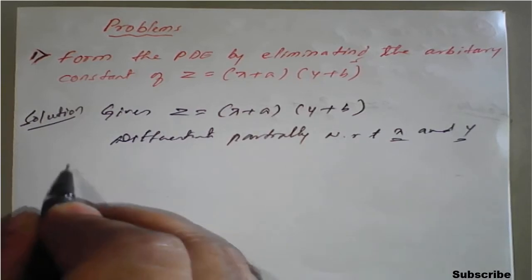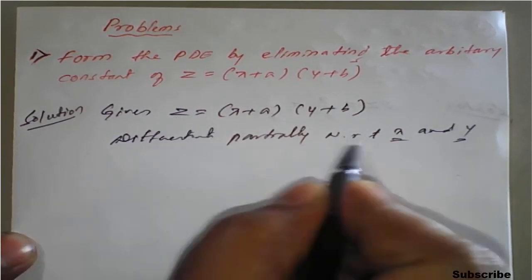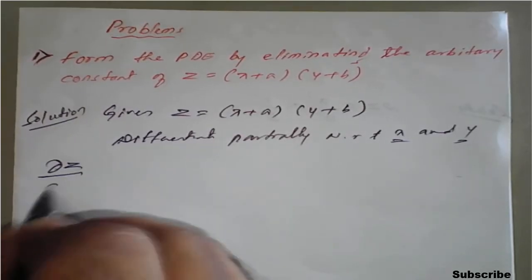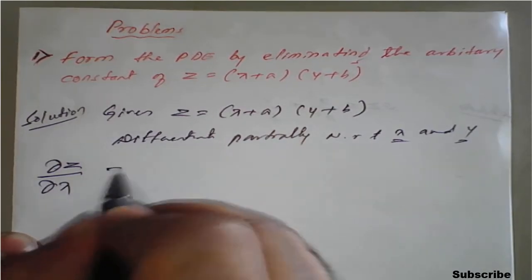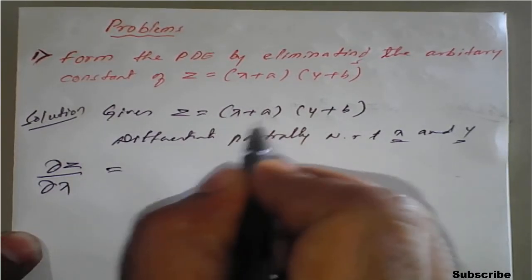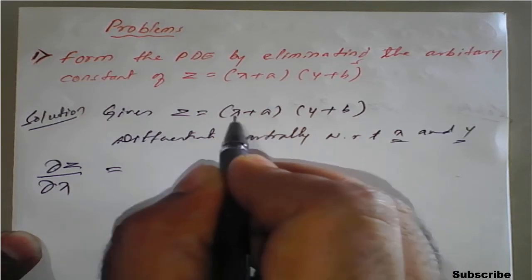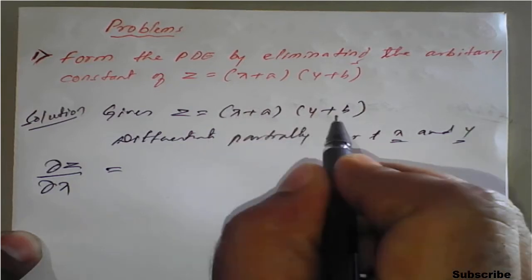So the partial derivative of this given equation with respect to x is dou z by dou x. With respect to x I am writing first. So we need to differentiate this partially with respect to x. Here we have two brackets in multiplication.